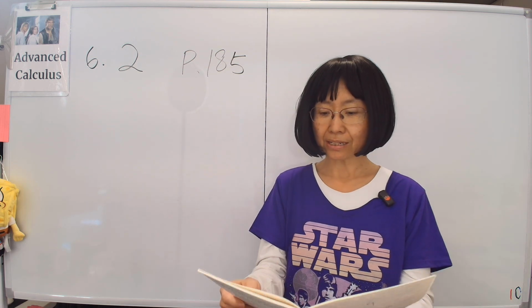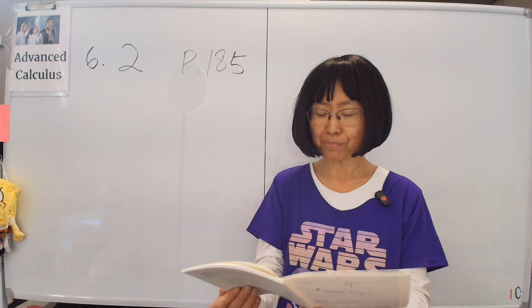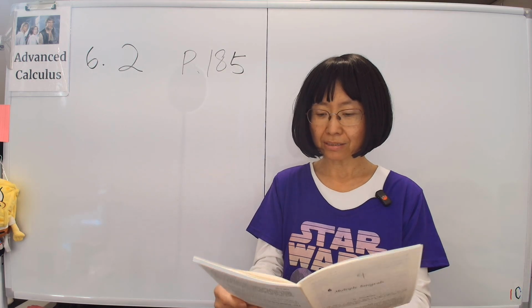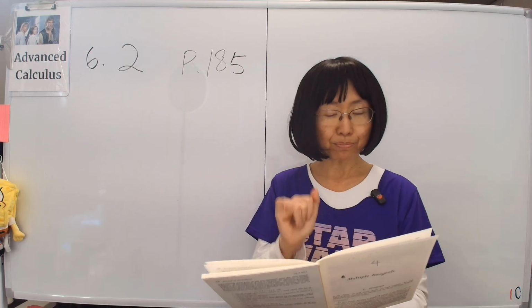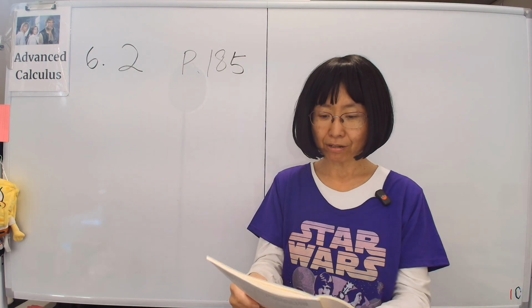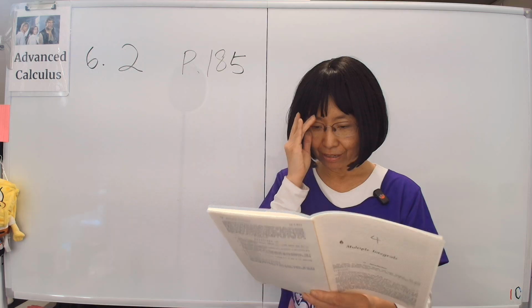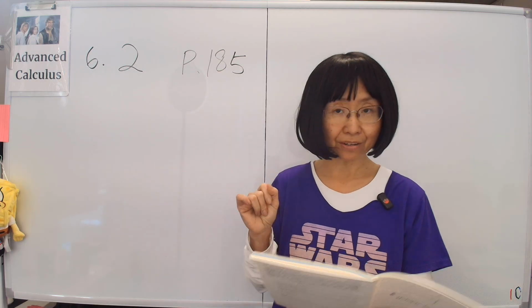Now, the iterated integral is an integral of the form where the first integral goes from a to b, and the second integral goes from phi of x to psi of x.